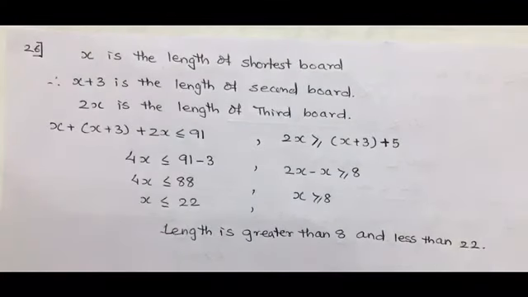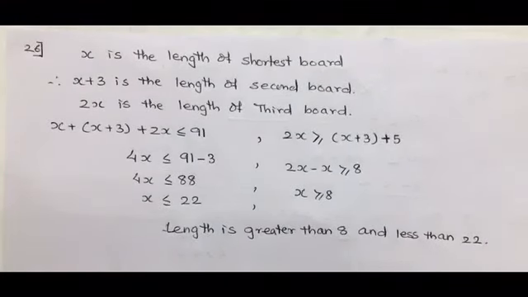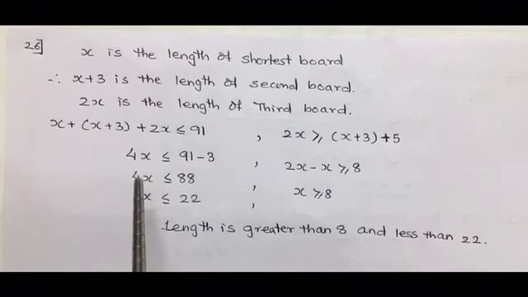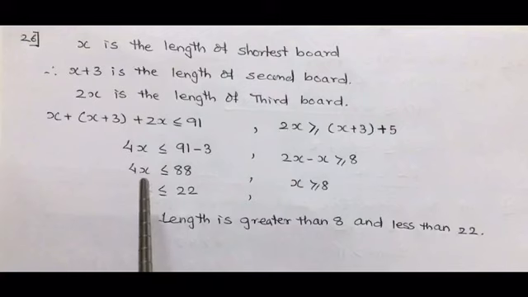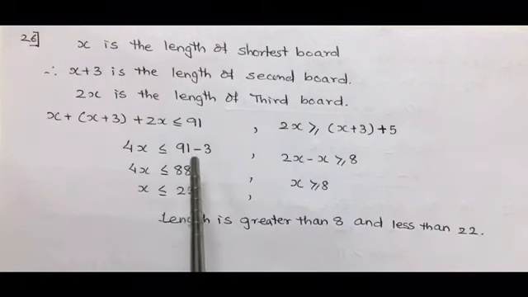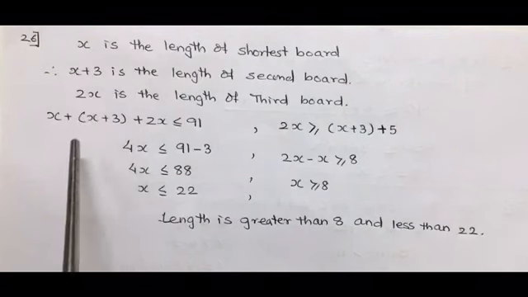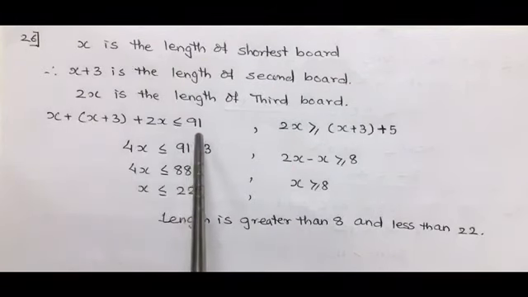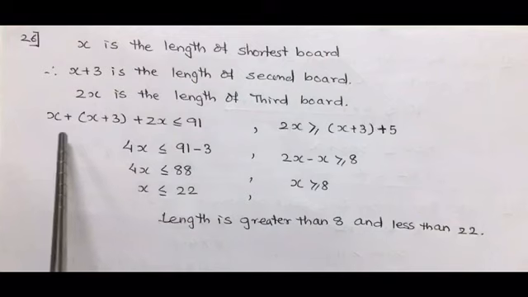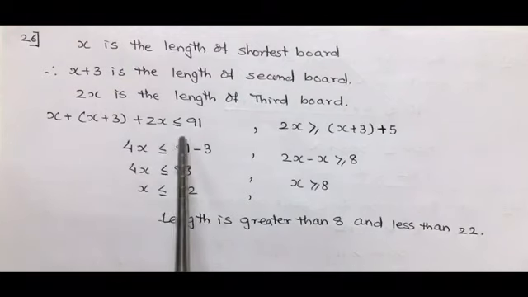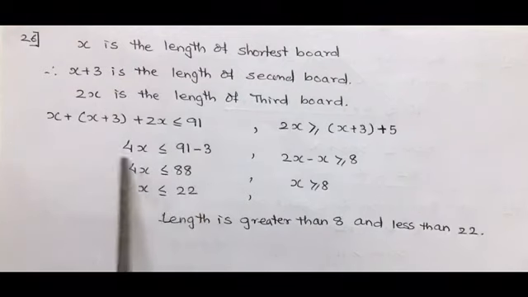Now the total length of the board is 91 centimeter, so the sum of all these pieces should be less than or equal to 91.